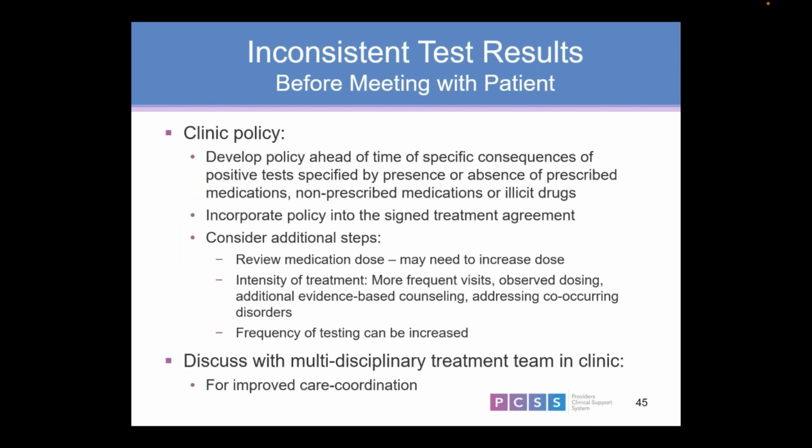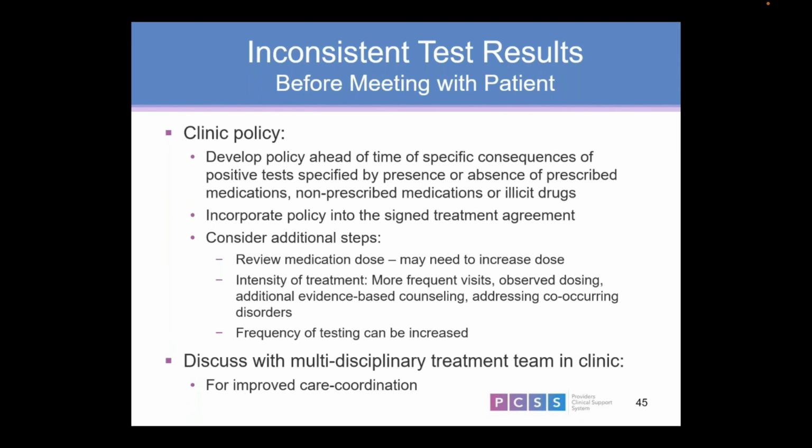For inconsistent results, you should establish what the plan will be if they continue to have positive tox screens before you start. What's our goal? Where are we going to go with this? And so that then you can fall back on that and say, we're not reaching the goal. I've said that a few times now, but I find it extremely important to help them understand we're not moving in the right direction.